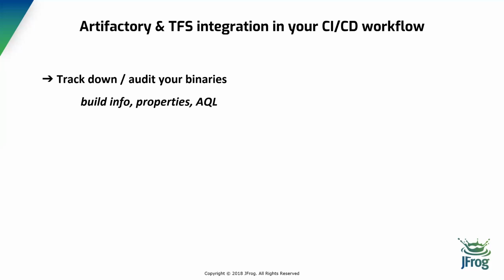For instance, we will show you that you will be able to implement a cleanup policy using properties and AQL, or only AQL, you will see. What you can get from the AQL is that kind of query: I would like to list all the binaries which are older than 8 months or 1 year. This is the kind of AQL query that you can do, to really perform searches and audits on your binaries.